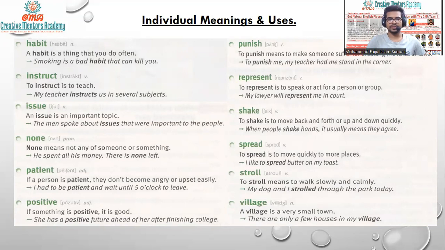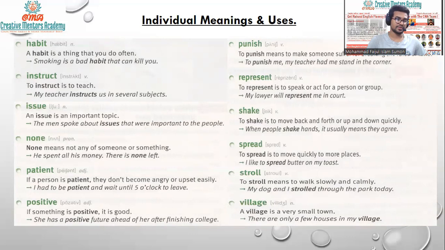If a person is patient, they don't become angry or upset easily. So I had to be patient and wait until 5 o'clock to leave. And patient also means an ill or sick person like this.